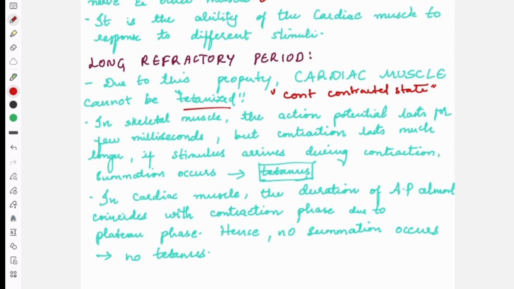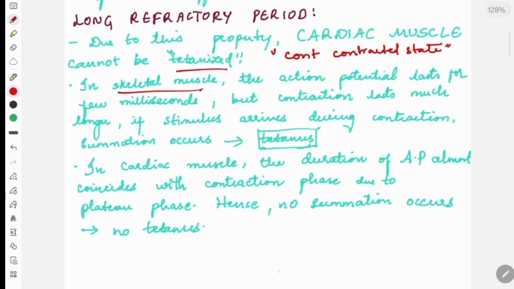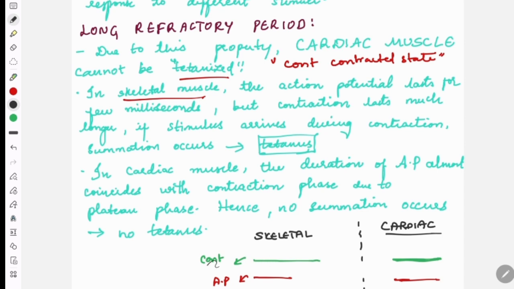Let us understand this by comparing it with skeletal muscle. Let us assume the red line to be the action potential and the green line to be the contracted state. In skeletal muscle, the action potential lasts only a few milliseconds, whereas the contraction lasts much longer.